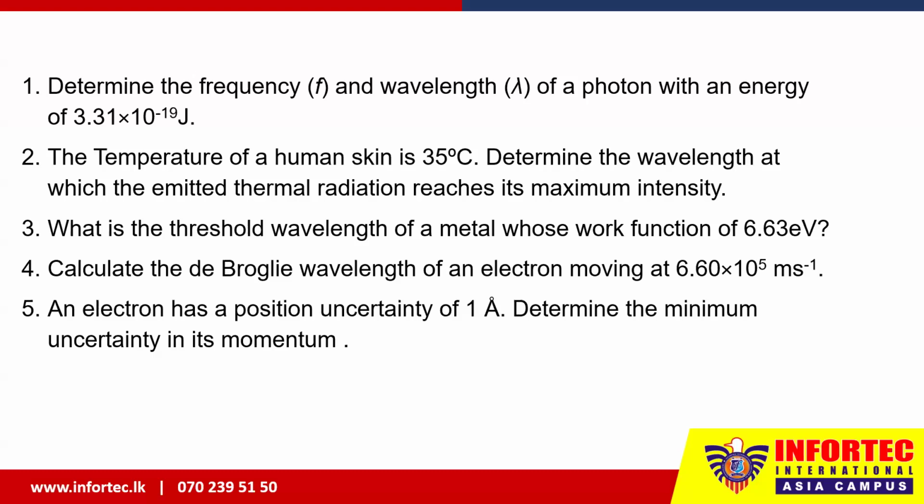Sometimes it acts as a particle and sometimes as a wave. We call this wave particle duality. When the words are threshold wavelength and work function, you should remember that this is based on the photoelectric effect.